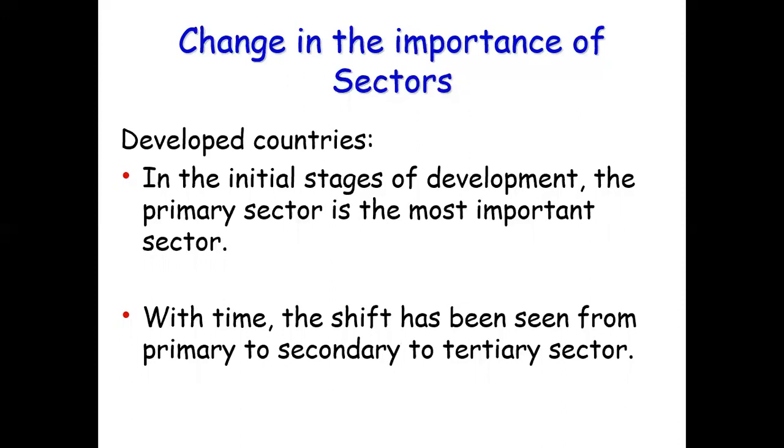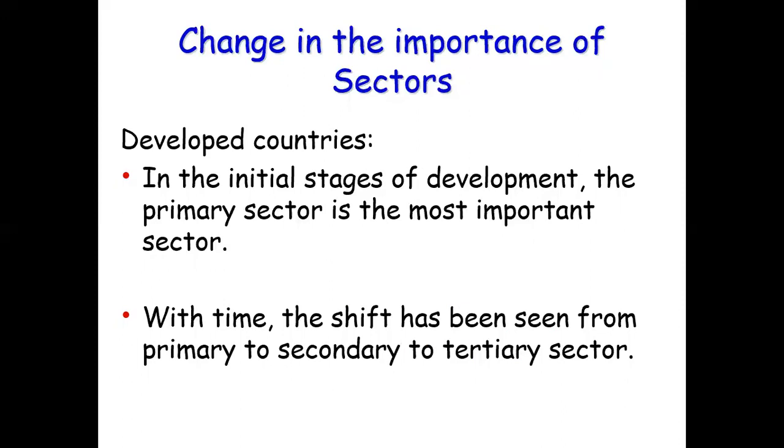Now, over a long time, manufacturing became more important. More and more factories started to develop. People now started working in factories in large numbers. The secondary sector became the most popular in production and employment.